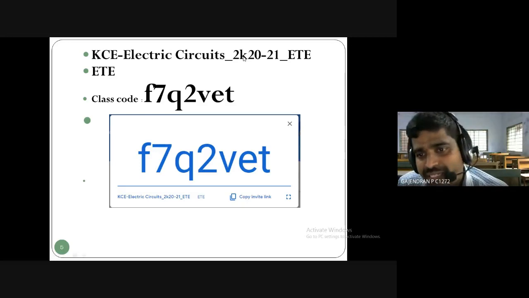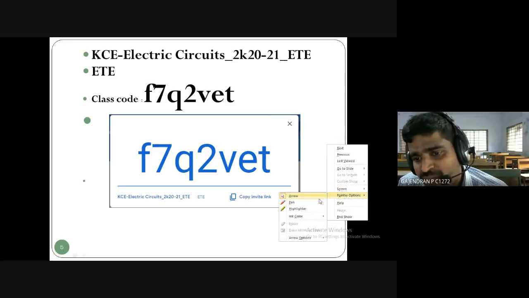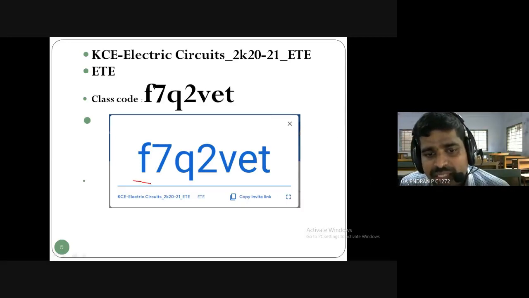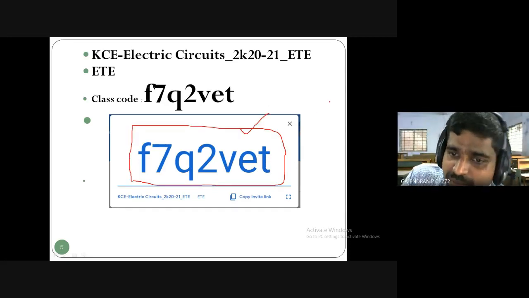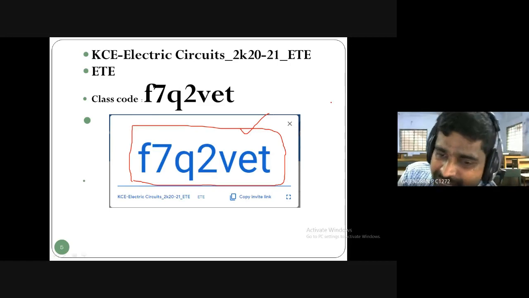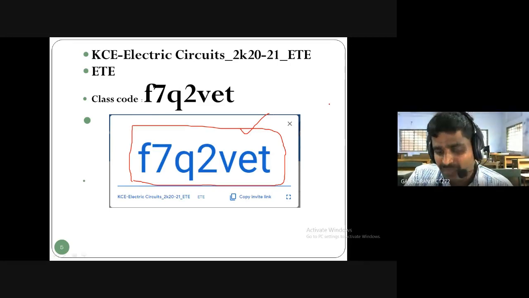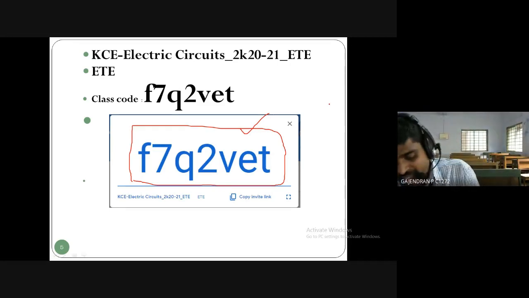Now this is for ETE students. ETE students, please make note of this. This is your corresponding class code. All the theory content, lab content, evaluation process, everything will happen only under this forum.